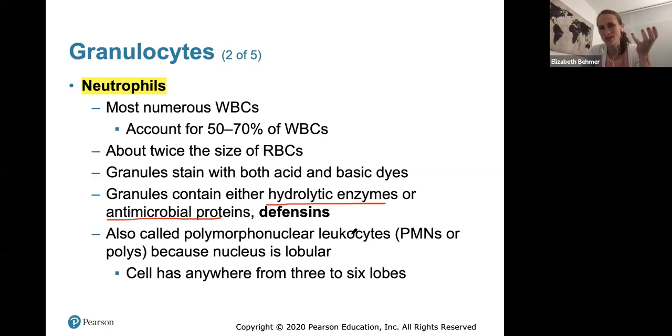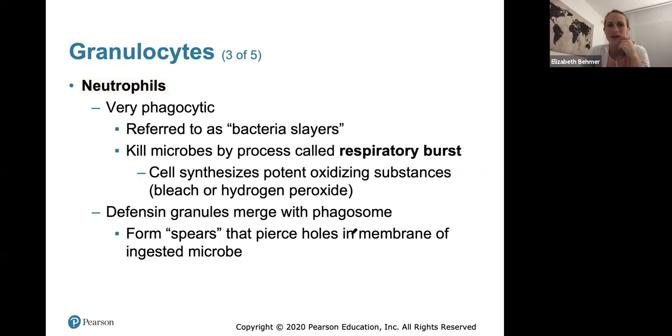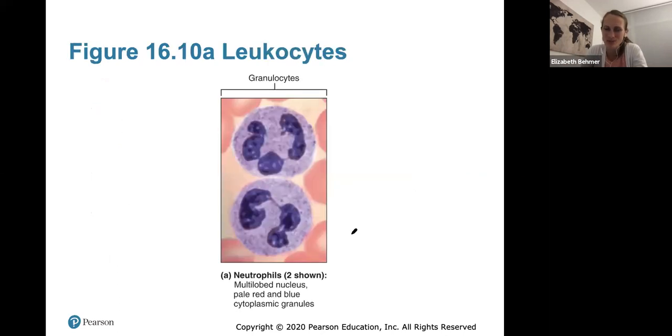So that's the neutrophil. Very phagocytic, meaning it eats things up. It's referred to as a bacterial slayer. It kills microbes by a process called a respiratory burst. And it has defense granules which merge with a phagosome to form like a spear that pierces holes in an ingested microbe. So that's a neutrophil, and that's what it looks like.